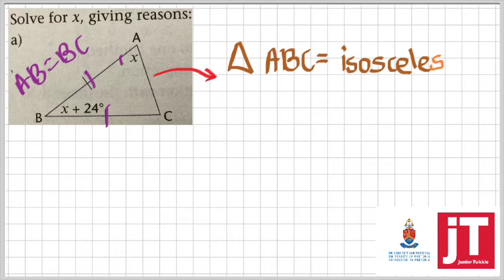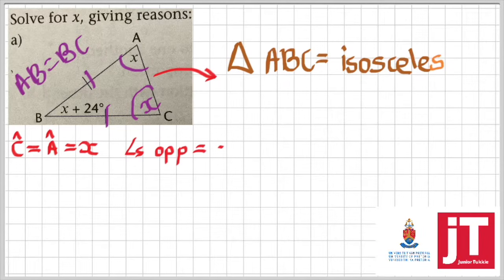It would be the angle A. It has to be equal to the angle C. So that means the value of the angle C is actually x. To formalize my solution, I'm going to say the angle C is equal to angle A, which is equal to angle x. And the reason for that, when dealing with isosceles triangles, is angles opposite equal sides.